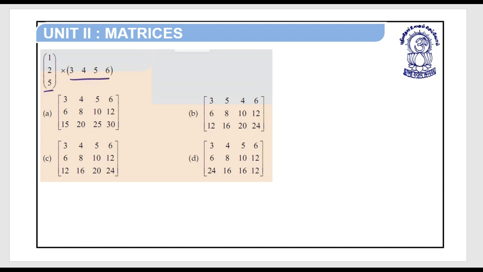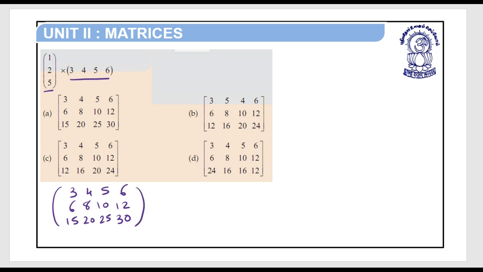One, two, five, three, four, five, 6. So first multiply with 1. 1 3s are 3, 1 4s are 4, 1 5s are 5, 1 6s are 6, 2 3s are 6, 2 4s are 8, 2 5s are 10, 2 6s are 12, 5 3s are 15, 5 4s are 20, 5 5s are 25, and 5 6s are 30.